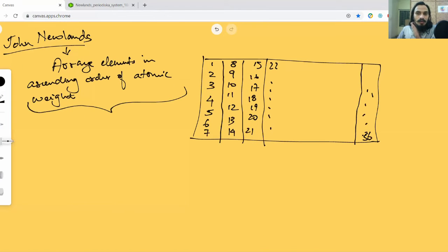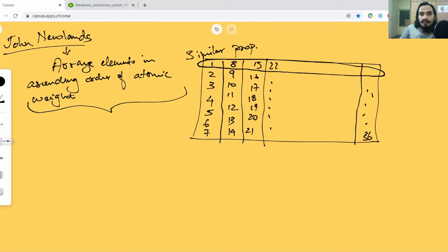Now, what he said is if you arrange like this, all of the elements that are present in a horizontal row like this will have similar properties. He said that after every element, the 7 elements that follow, if you look at the 8th element, so from 1 you jump to 8, from 8 to 15, that is when you'll see same properties coming alive.